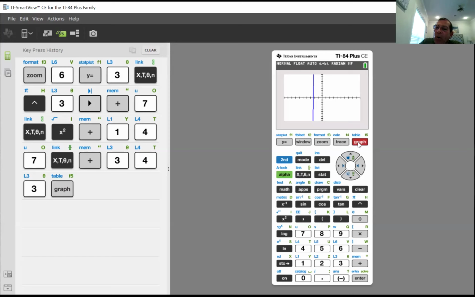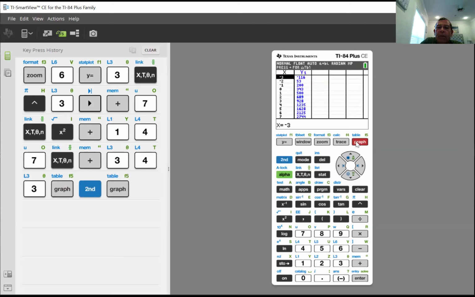So it's not right on -2 or -3. So look here, when you go to the table between -2 and -3 up here, there's -3, there's -2. I'm not getting the y value of 0 because it's not showing me the fractions. So watch how I change that.